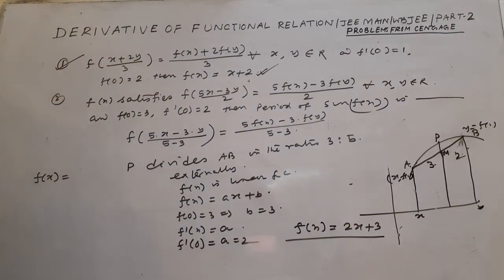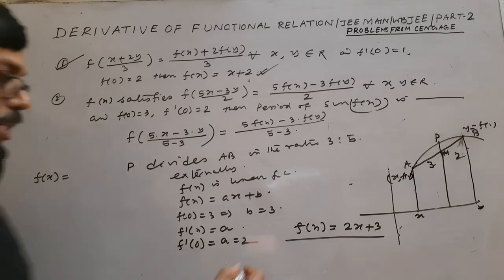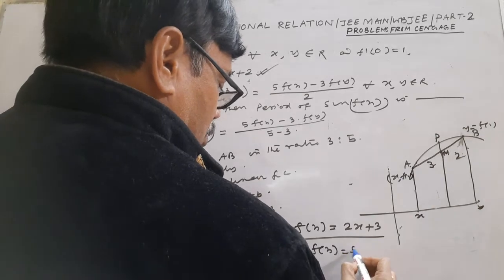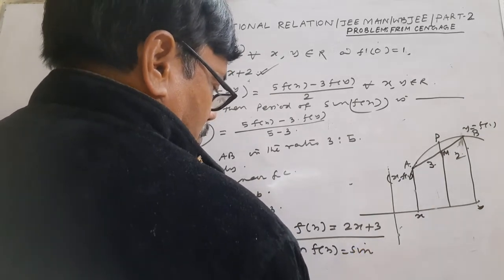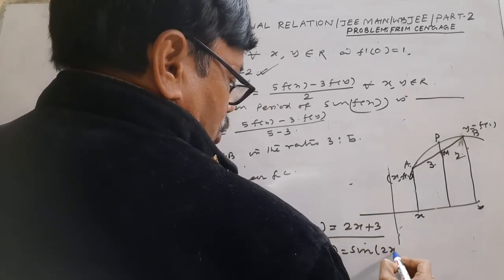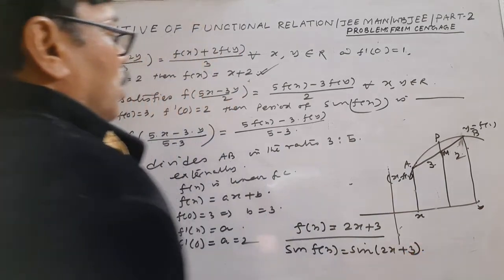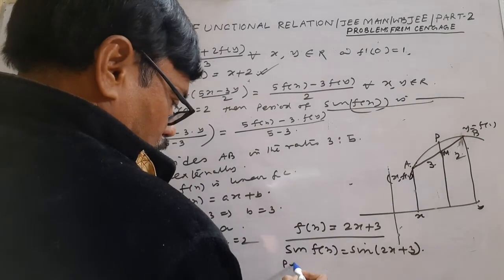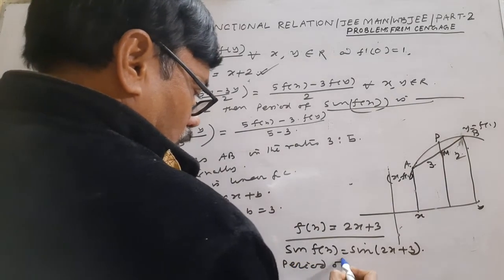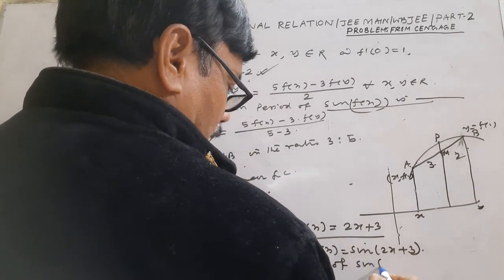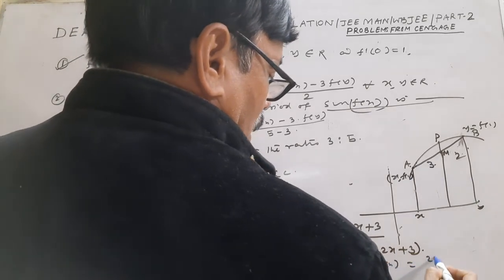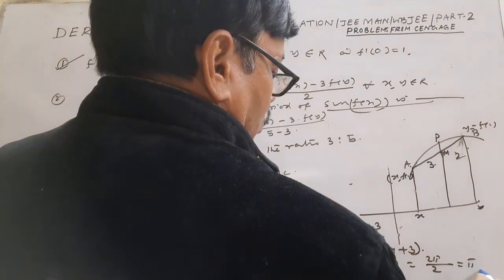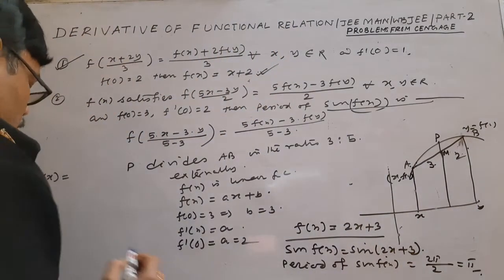So this is f(x). Now what is sin f(x)? sin f(x) = sin(2x + 3). Now we need the period of sin f(x). The period equals 2π divided by the coefficient of x, so the period is obviously π.